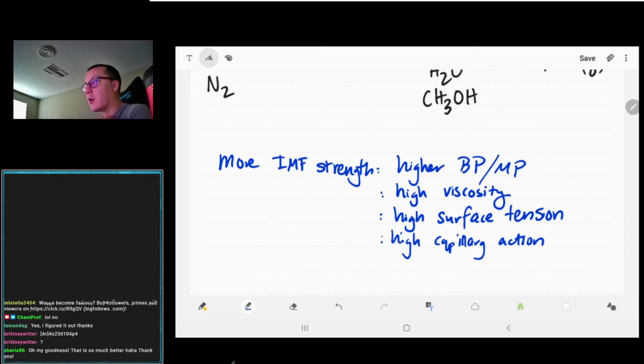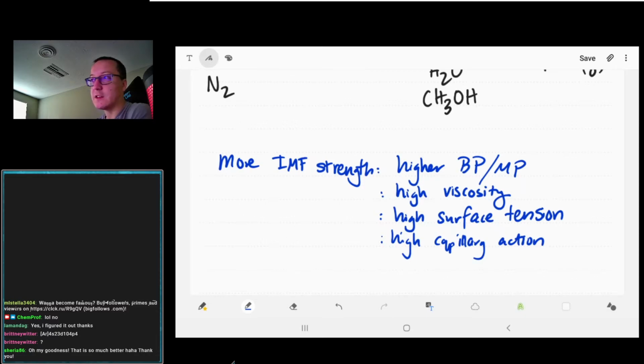So remember, there are consequences for having intermolecular forces. The stronger ones that you have, you end up with a higher boiling point or melting point, both generally. You tend to have higher viscosity. Remember, viscosity is about flowing. So something like honey is very viscous; it flows very slowly. You'll have high surface tension, like water typically does.